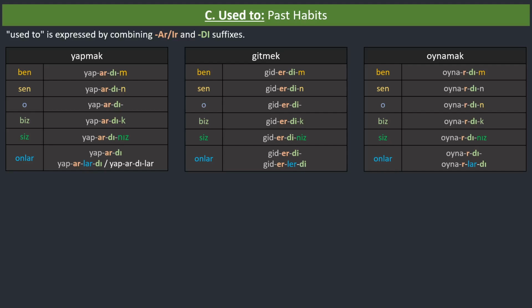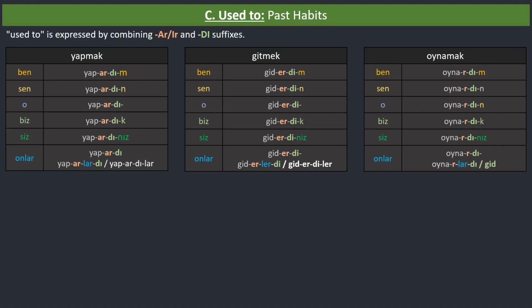But from my experience, having lived in Turkey my whole life, I always say yaparlardı. And the same for others, like giderlerdi. You can also say giderdiler. This is also possible, so don't be surprised if you see this.